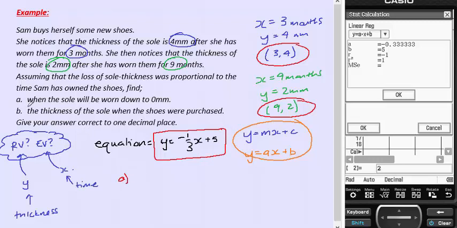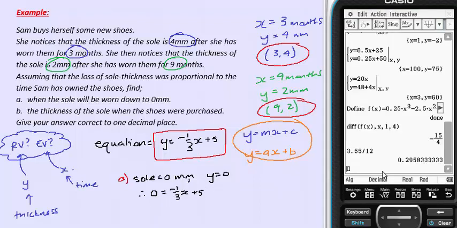So part A says, when will the sole be 0 millimeters? Well, the sole is 0 millimeters when y equals 0. So therefore 0 equals negative a third x plus 5. And I'll put that in the calculator.